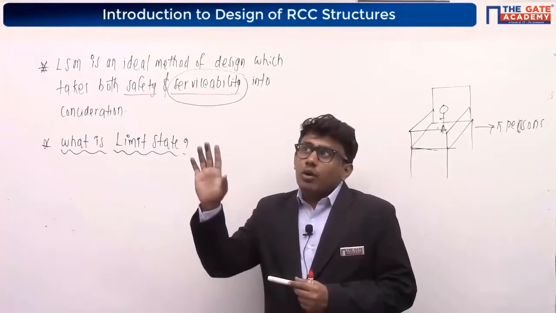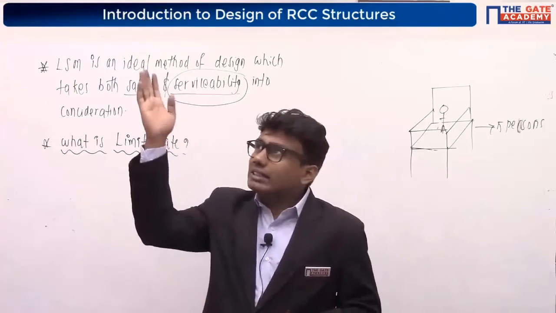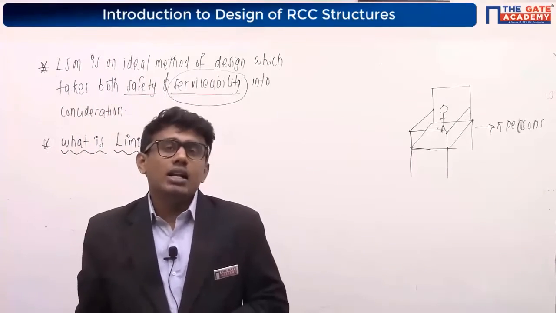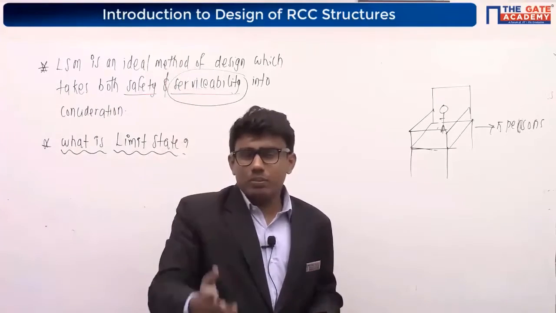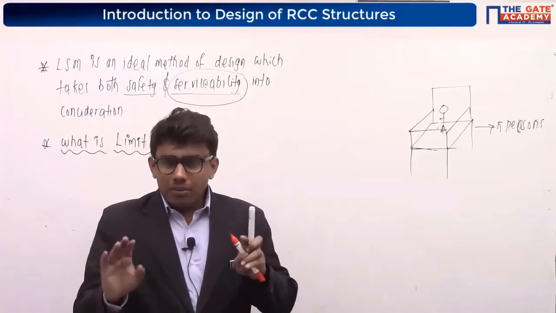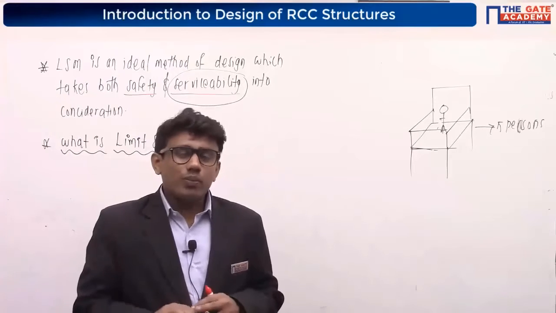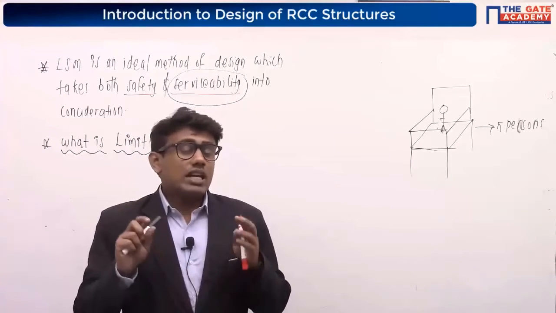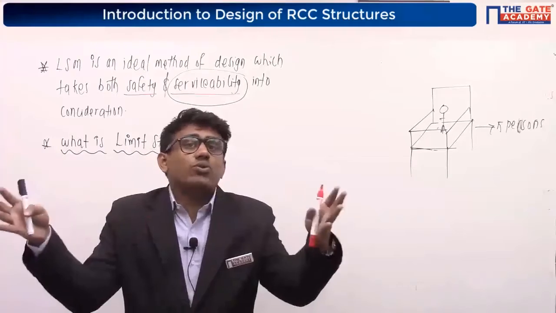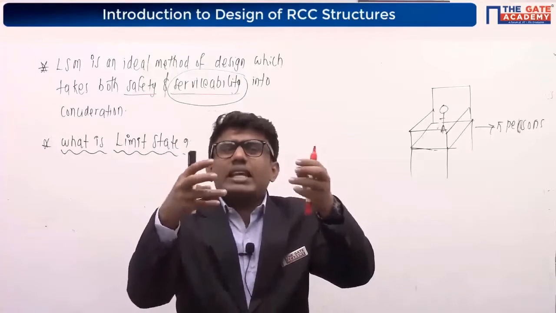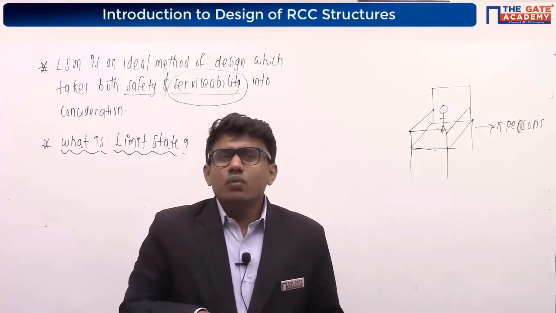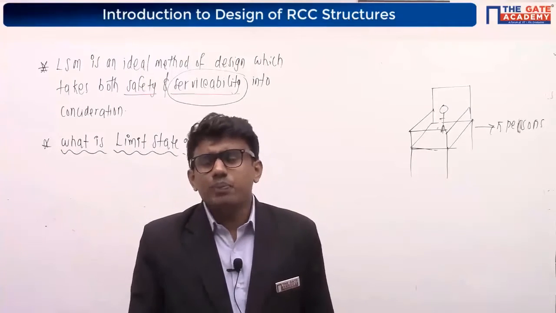When we talk about a beam, suppose I can see one beam here over my head. Similarly, you can also see one beam somewhere. But if you are sitting in a room under a beam and you see excessive deflections or excessive deformations, or so many cracks in that beam, will you prefer to sit under that beam?